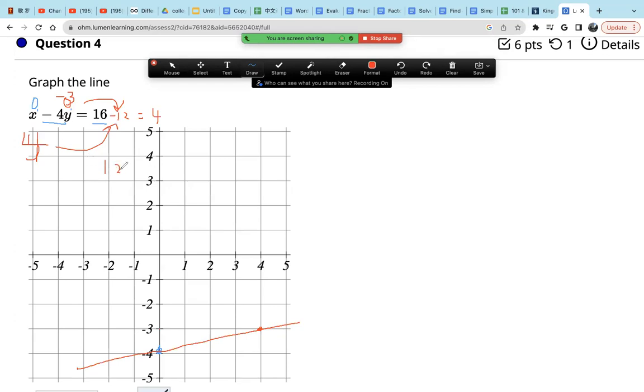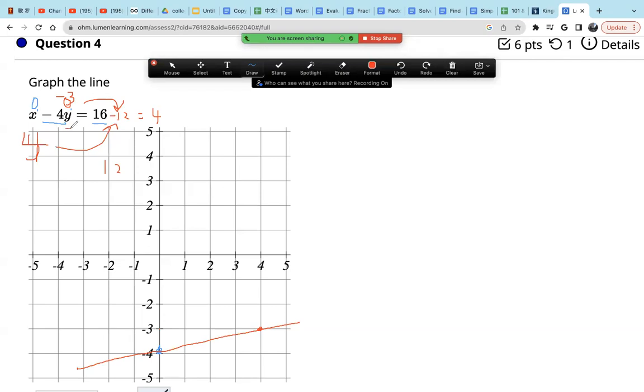Negative 4y equals 12, so y equals negative 3. So x is 4, y is negative 3. Oh, it's the same, but I did y equals negative 3 anyway. So you can just check another number. So this is 4, this is 16.